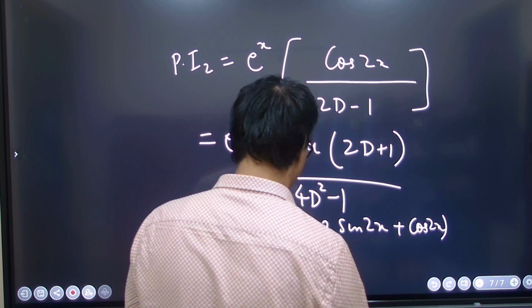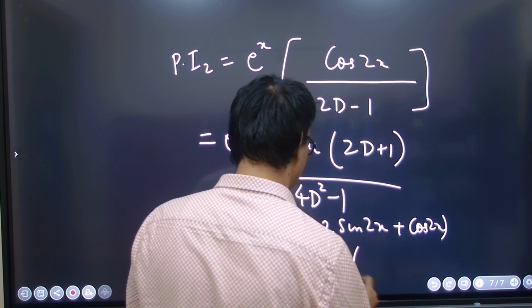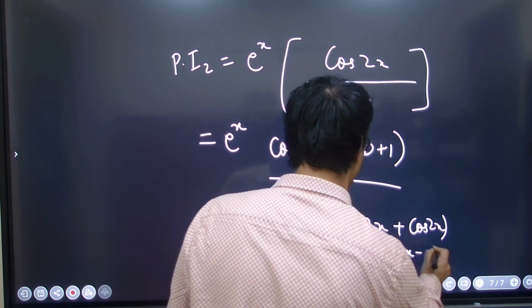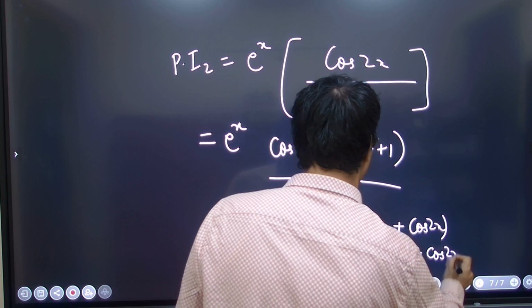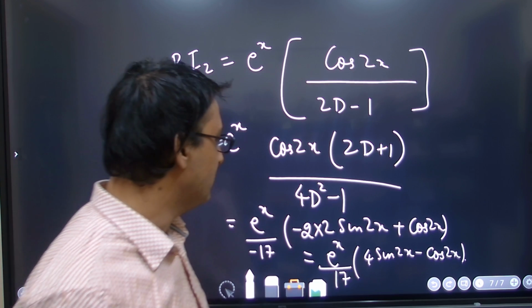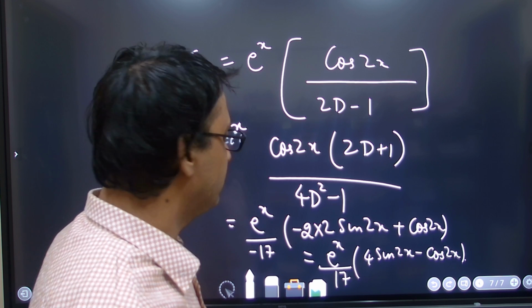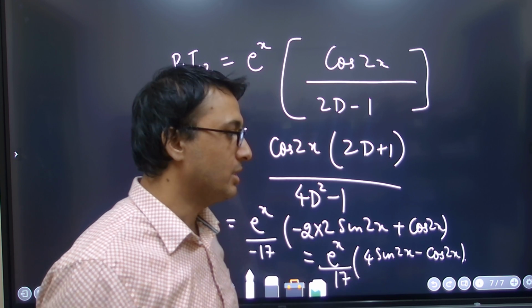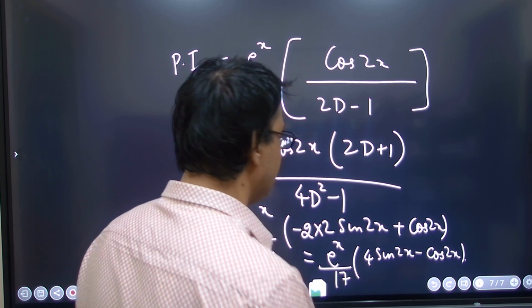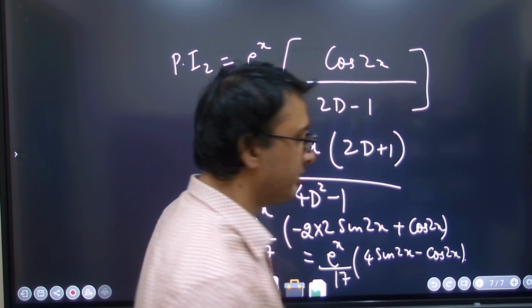If you want to write it like this, we can say 4 sin 2x minus cos 2x. So we got our complementary function, we got our PI1 and PI2. So we need to club all of these together and present our answer. Okay, so this is how we try to do questions.